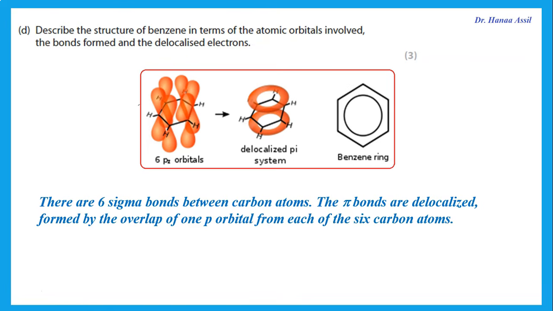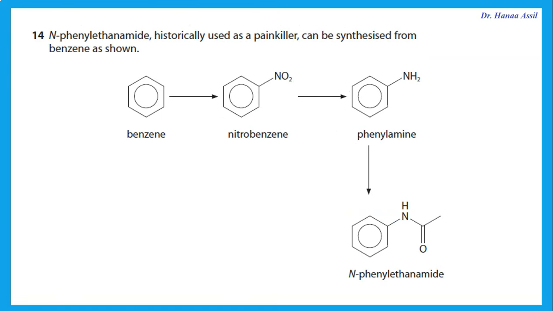And we have the pi bonds, which are delocalized. They are formed by the overlap of the p orbitals side by side over all the 6 carbon atoms. So that is the delocalized structure of the benzene ring.